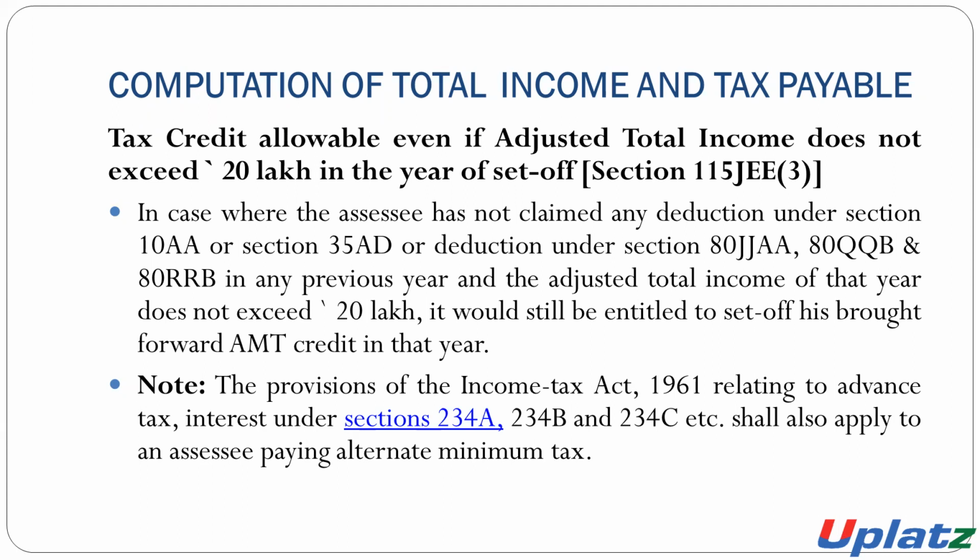In case where the assessee has not claimed any reduction under section 10AA or section 35AD or deduction under section 80JJAA or under section 80QQB or 80RRB in respect of royalty in the previous year, and the adjusted total income of the assessee is not more than 20 lakh.